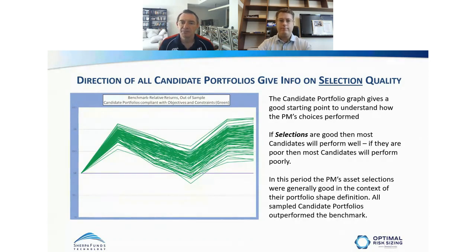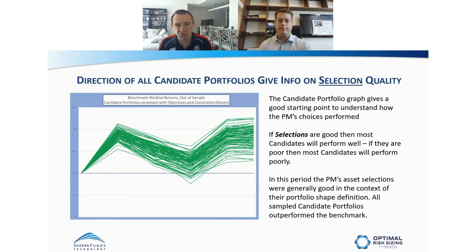Now, separating the selections you made from the other three S's, from the scoring, the shape, the objectives and constraints of your portfolio, and your sizing, necessitates saying, okay, for a given set of assets, a set of selections, what could all the possible outcomes have been which were still compliant with your overall objectives and constraints?